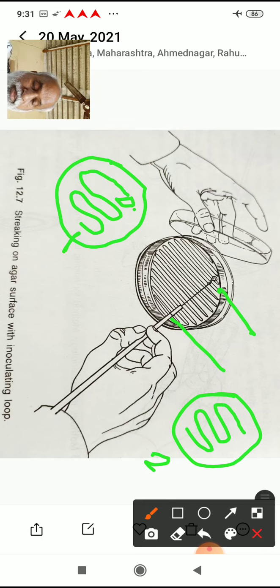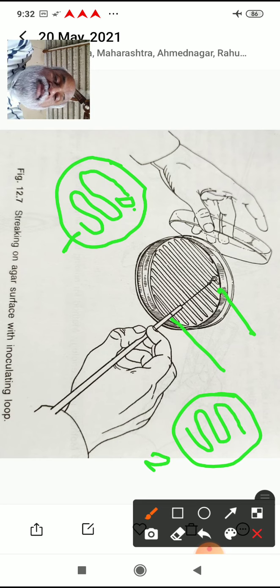Then each colony is actually a progeny of a single microbial cell, and thus represents a clone of pure culture. Such isolated colonies are picked up separately using a sterile inoculating needle and restreaked on fresh media to ensure purity.